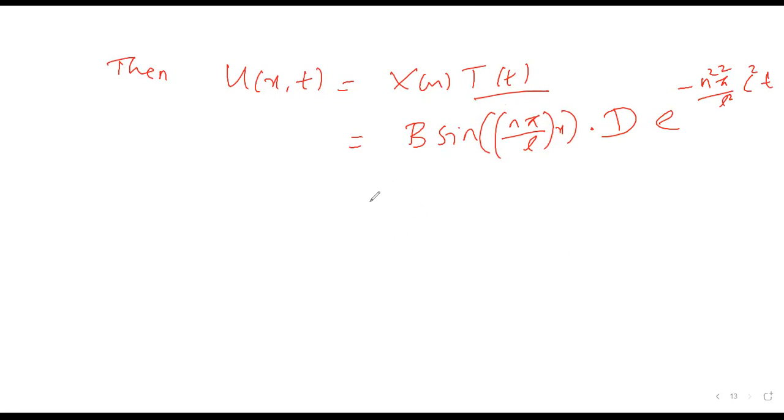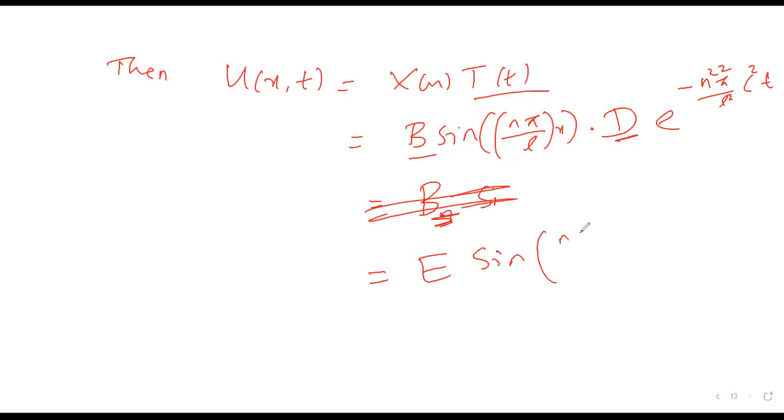Since I have two constants, I can write something like, let's say, B n sine of n pi x over L. You can choose any variables, like b1, b2, something like that.